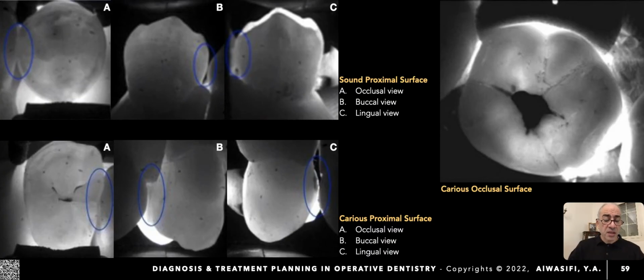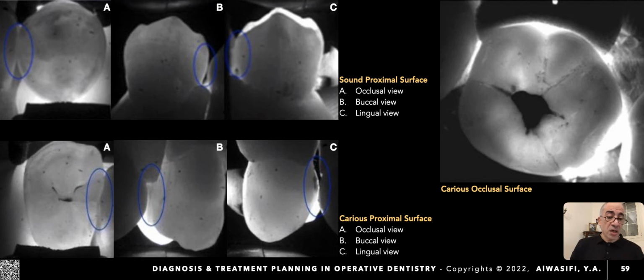We could inspect these resultant captured photographs from the DIAGNOcam, where in the upper left side you could note a sound proximal surface from occlusal, buccal, and lingual views.